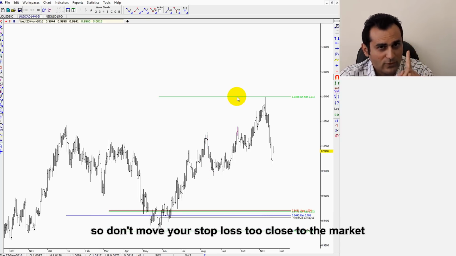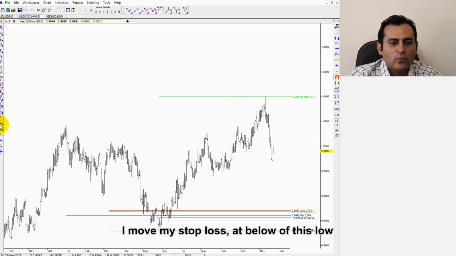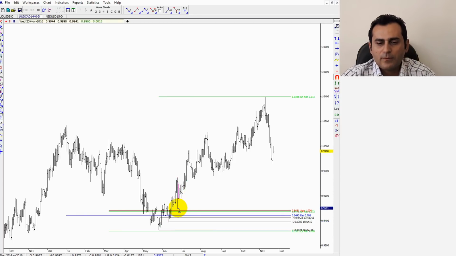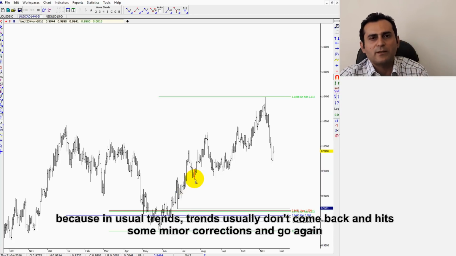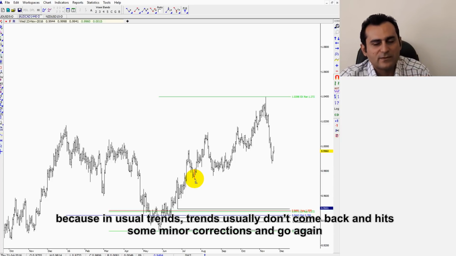So don't move your stop loss too close to the market. In this case, I move my stop loss below these lows, because in a usual trend, the trend usually doesn't come back and hit some minor correction and go again.